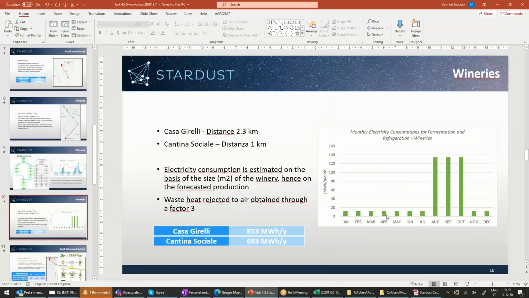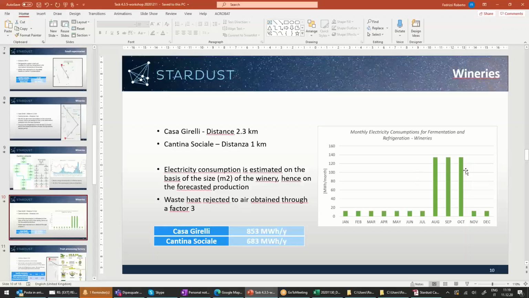For the two companies that we focused on, we extrapolated the electricity consumption for wine making and wine conservation over the year, based on the sizes and extrapolated from the literature review we have made.